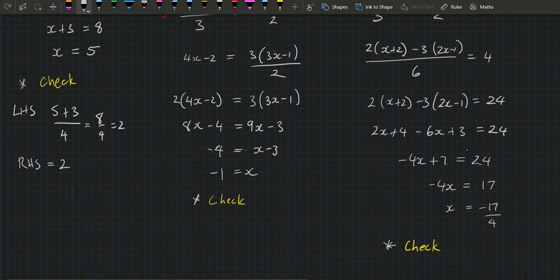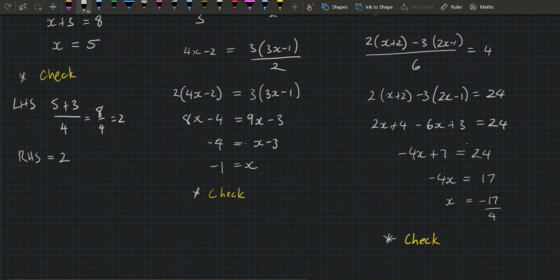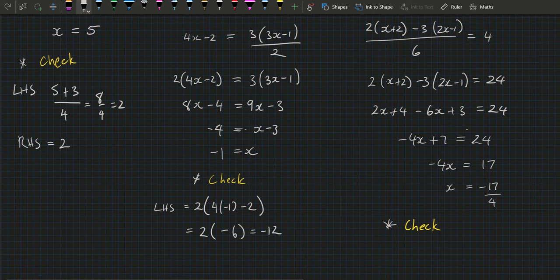So if x equals minus 1, this left hand side will equal 2 times 4 times minus 1 minus 2 equals 2 times minus 4 minus 2 is minus 6 equals minus 12.